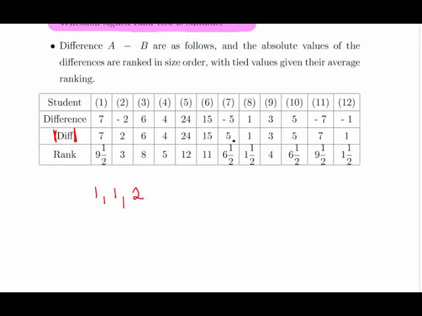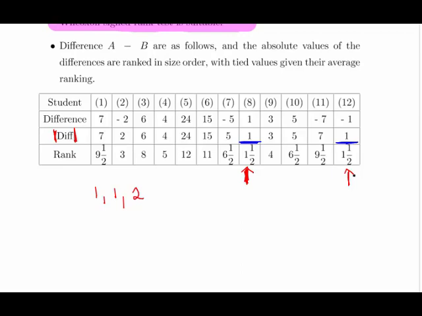So let's say these are my first and second jointly. What I'm going to do there is give them both a rank of 1.5, 1.5 being the average of 1 and 2, seeing as these are the top two.